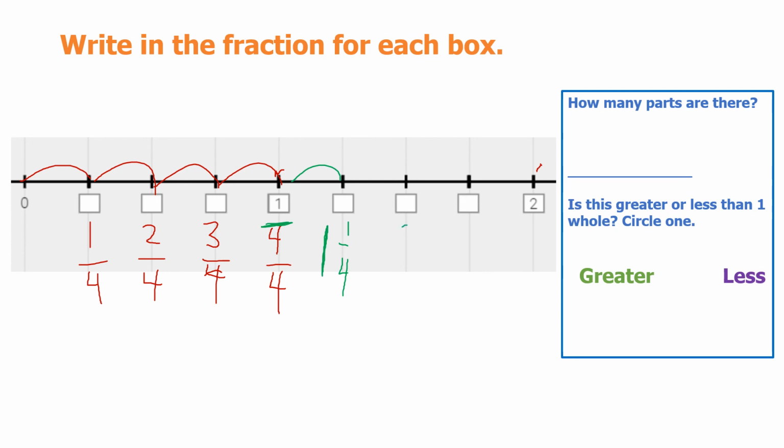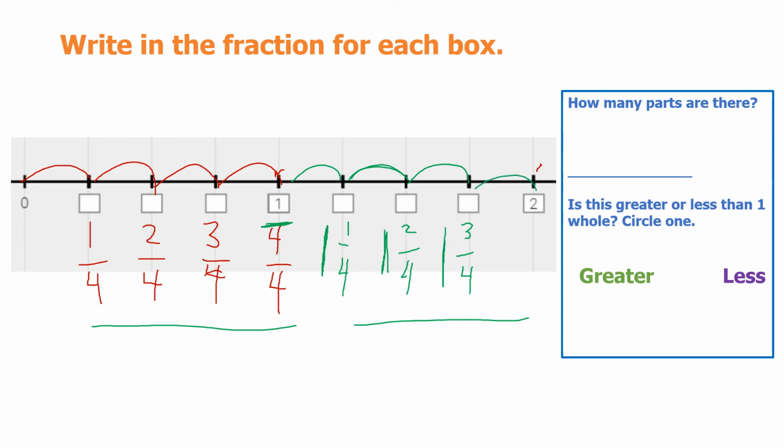Here we have 2/4, because what comes after 1/4 is 2/4, and a fraction always has equal parts. So if we start out with 4 parts, we're going to end with 4 parts. But now I have 1 and 2/4. Here I have another fourth, so that would make 3/4, but it's 1 and 3/4.